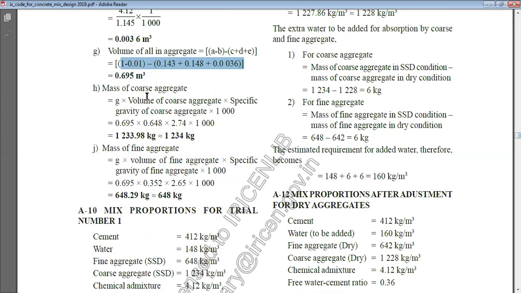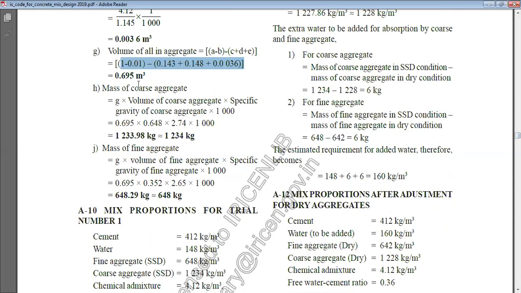That we are calculating: mass of the coarse aggregate is equal to G, where G means the total volume you got, 0.695, into volume of the coarse aggregate into specific gravity of the coarse aggregate into 1000.